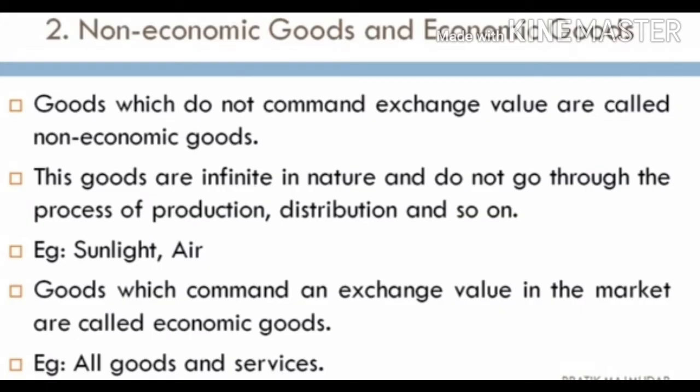Second, non-economic goods and economic goods. Goods which do not command exchange value are called non-economic goods. These goods are infinite in nature and do not go through the process of production, distribution and so on. Example, sunlight, air. Goods which command an exchange value in the market are called economic goods. Example, all goods and services.